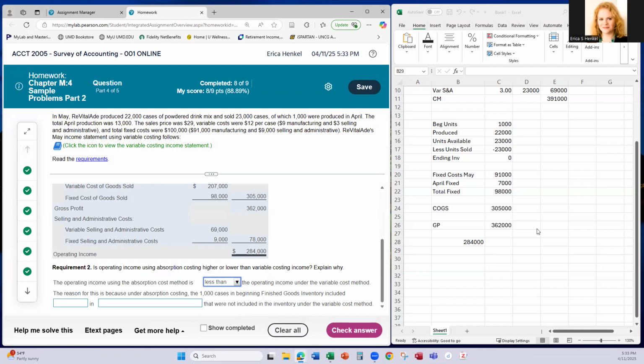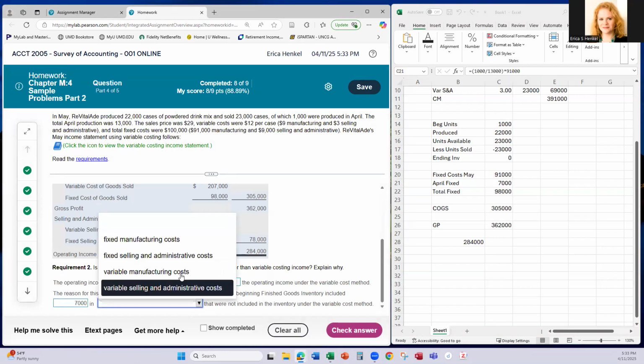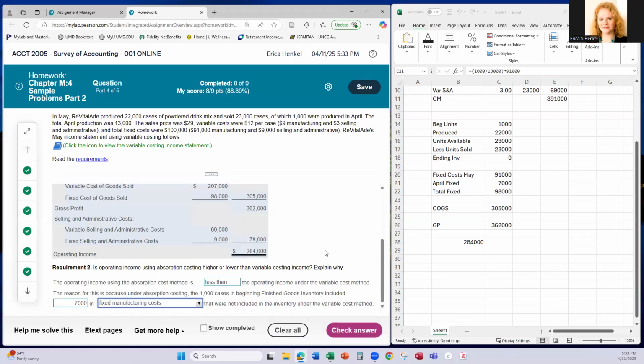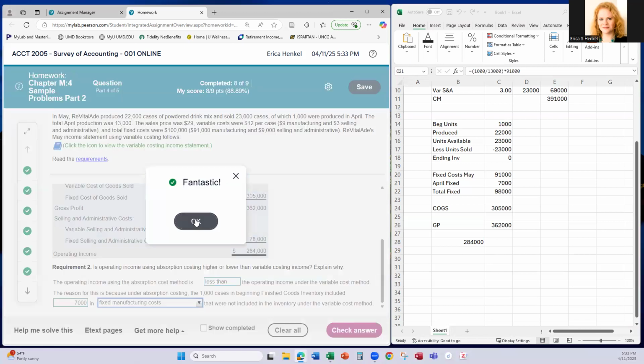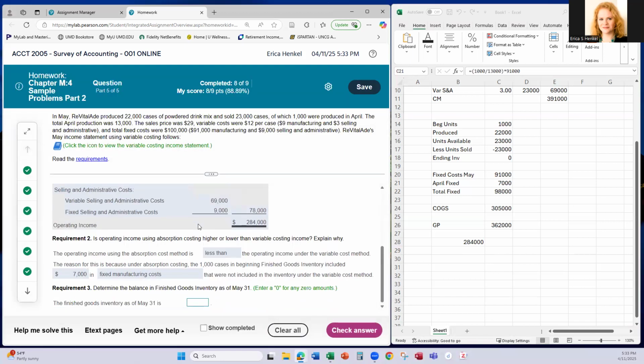That's because we had that additional $7,000 in fixed manufacturing costs that have been allocated to the 1,000 units of April inventory that were not included in the variable cost method. Because under the variable cost method, those fixed manufacturing costs would have been included in the previous period. So there can be timing differences between these.